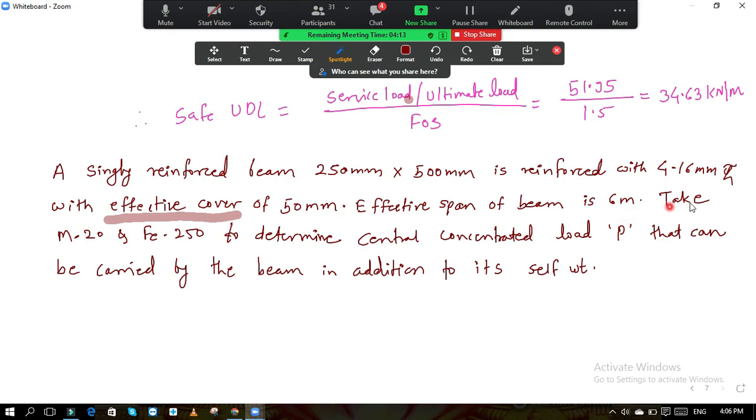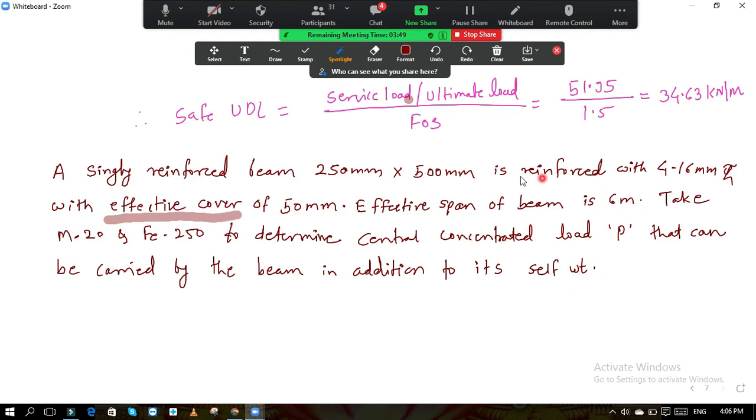Take M20 and Fe250 to determine the central concentrated load P. So on that beam centrally a point load is acting, having magnitude P, that can be carried by the beam in addition to its self weight. So this load is carried by the beam in addition to its self weight, excluding the self weight of the beam.